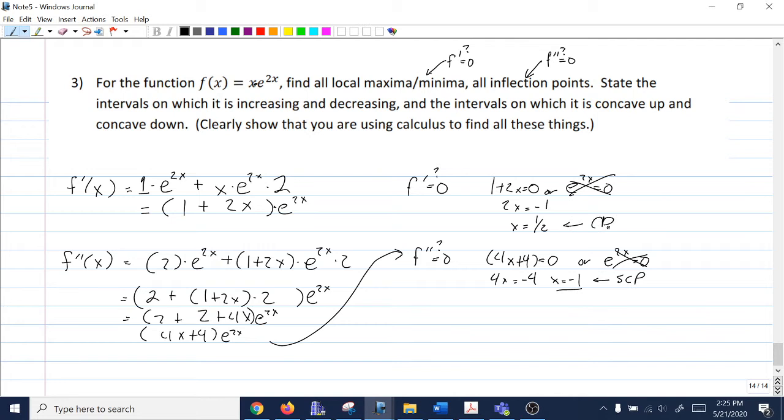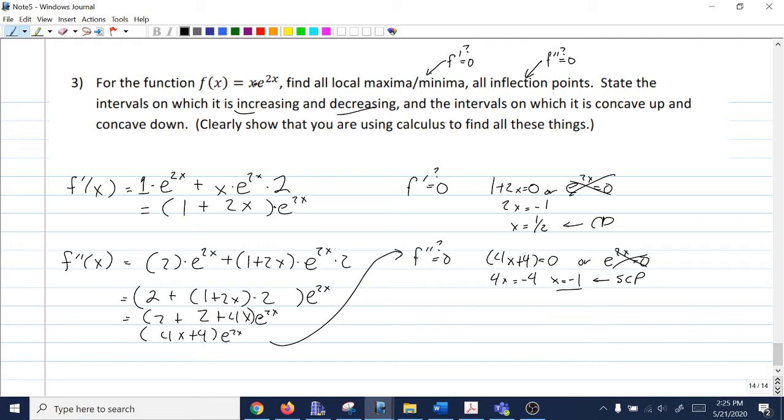These are probably an inflection point and a local max or min, but I don't know that yet, and I need to know increasing, decreasing, so I'm building the whole big sign chart anyway. Do I need to make a sign chart for f?